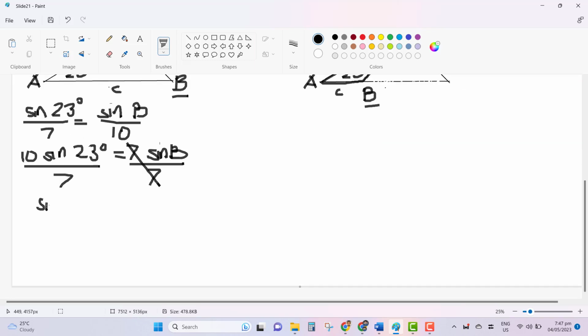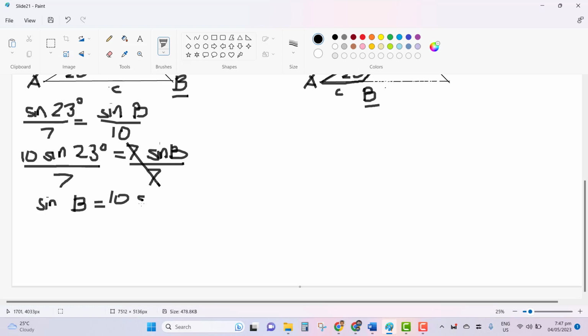So sine B can be solved as this entire expression, 10 sine 23 degrees over 7. But since we're solving for the measurement of angle B, we are going to use sine inverse.